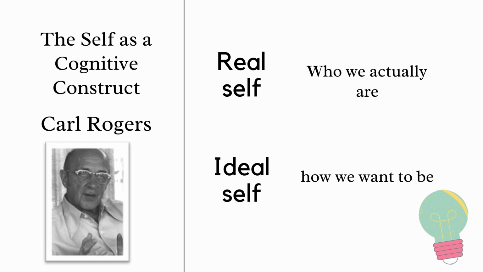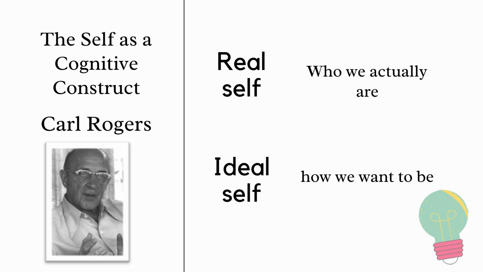Rogers also introduced the concepts of the real self and the ideal self. So what are the real and the ideal? The real self is who we actually are. It is how you think, how you feel, how you look, and how you act. The real self can be seen by others.